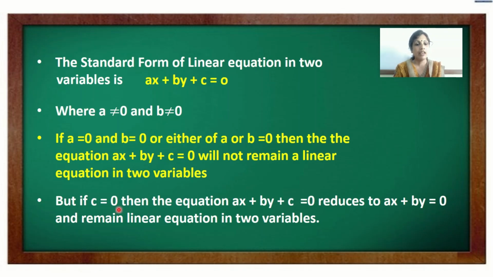But if c is equal to 0, then the equation reduces to ax plus by is equal to 0, and it remains a linear equation in two variables. So in the standard form, c can be equal to 0 but a and b cannot be equal to 0. That is the primary condition for any equation to be a linear equation in two variables.